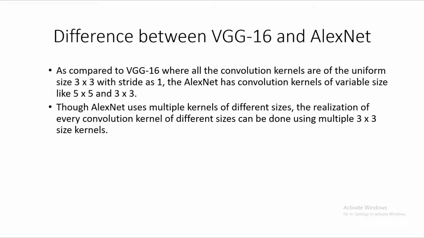Though AlexNet uses multiple kernels of different sizes, the effect of a convolution kernel of a different size can be realized by using 3 by 3 kernels. Like if we are doing convolution with 5 by 5 kernels, this 5 by 5 can be realized with 3 by 3 size kernels, which reduces the computational complexity.